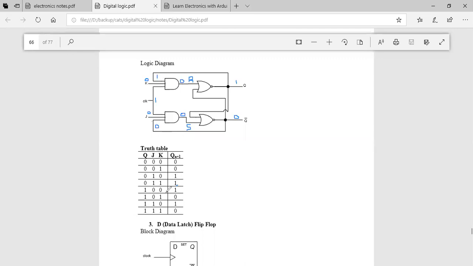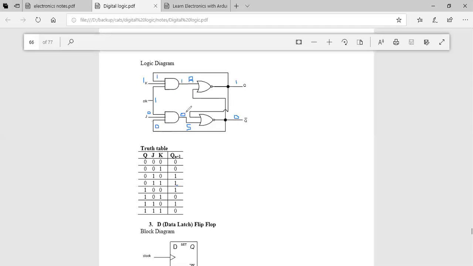Now, what happens when you change your K to 1? Let's change K to 1 here. So tell me what you expect. So at this point we have 1. 1 and 0 remain 0.